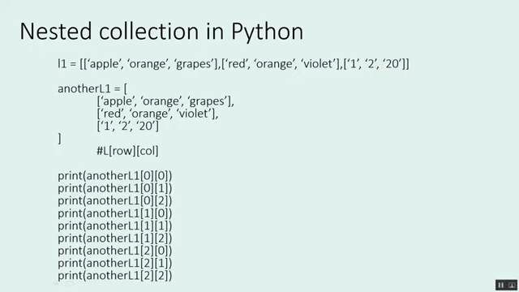We also have another representation of a nested collection for a list. For example, we have another L1 list with square brackets, and inside this another L1 we have different kinds of fruits, different colors, and also different numbers represented as strings. Also take note that this list of lists is also separated by a comma.